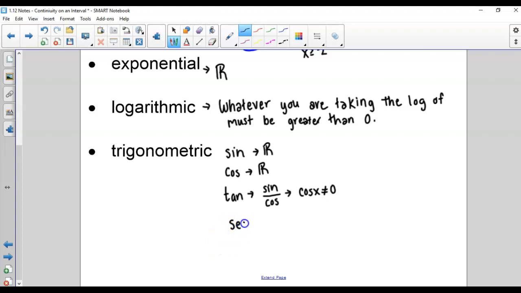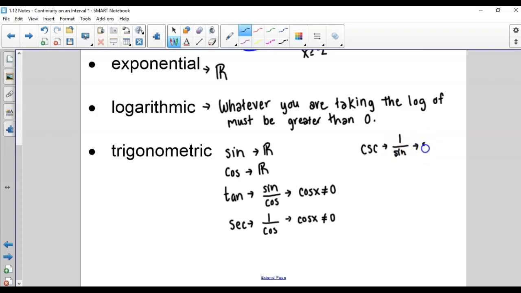Secant is 1 over cosine. So, again, cosine of x cannot equal 0. Cosecant is 1 over sine.